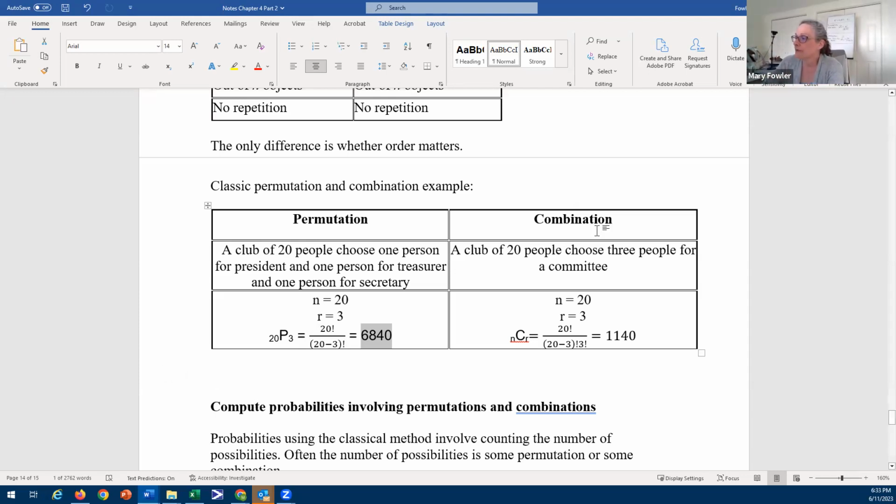So we're going to use a combination, and we have n equals 20, r equals 3, and 20 choose 3 is 20 factorial over 20 minus 3 factorial times 3 factorial. Again, maybe playing with the calculator a little bit, that's 1,140.